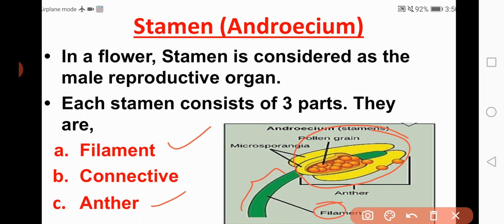Once again, the filament is the long stalk-like part, the anther is the tip part which contains the pollen grains, and the connective connects the filament to the anther. This is the structure of a stamen.